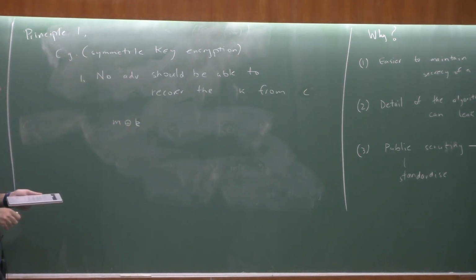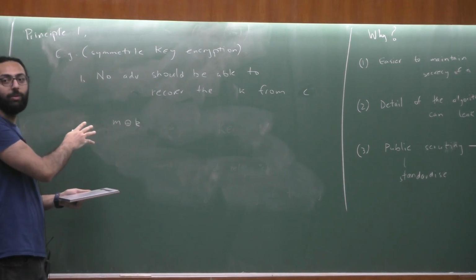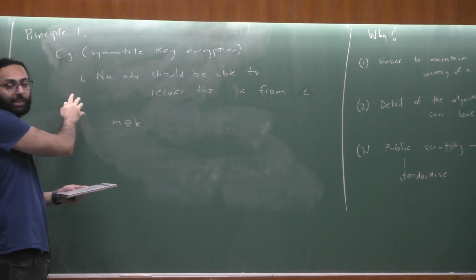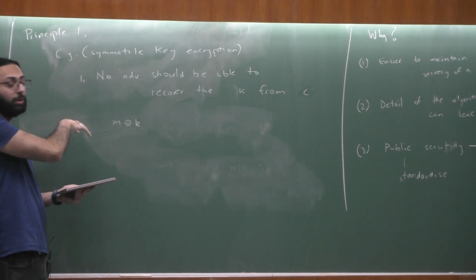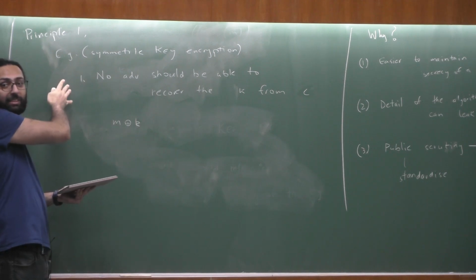Or if you're taking bits, it could be modulo 2. Sure, and similarly we decrypt. No, I was asking something else. What you're describing seems to be a scheme that is secure, which satisfies this definition. I was asking, can you come up with a scheme which is completely broken and nonetheless satisfies this definition?